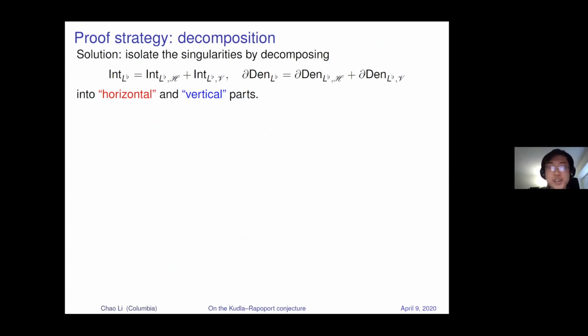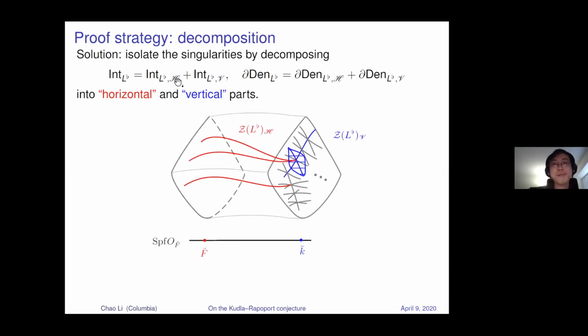I'm going to decompose this intersection function into two parts, the horizontal part and a vertical part. It's geometrically quite clear because I'm taking a lattice of rank n-1, so the intersection of n-1 divisors should have expected dimension 1.